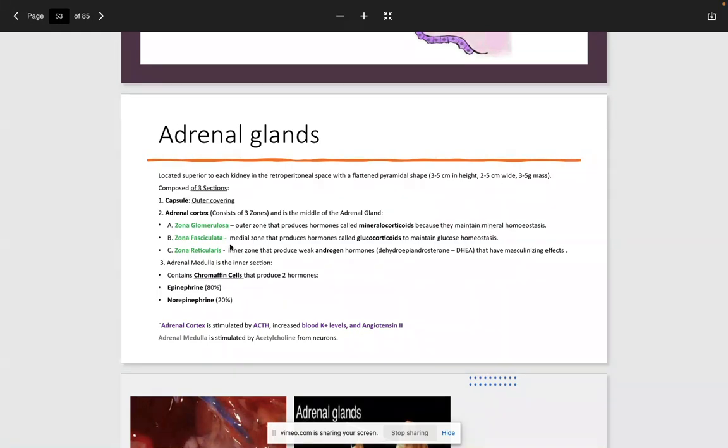Zona fasciculata, that is the F in the fetch mnemonic, go fetch, fasciculata. Salt, sugar, this is going to be the glucocorticoid, right? Cortisol produces sugars, as we previously discussed. And then what is rex in the mnemonic? Zona reticularis. Salt, sugar, sex hormones, androgens.